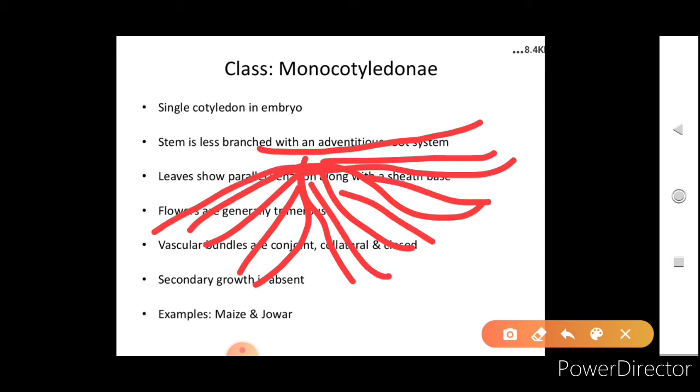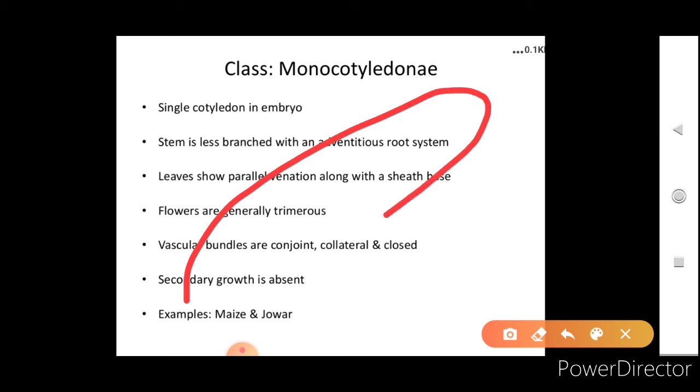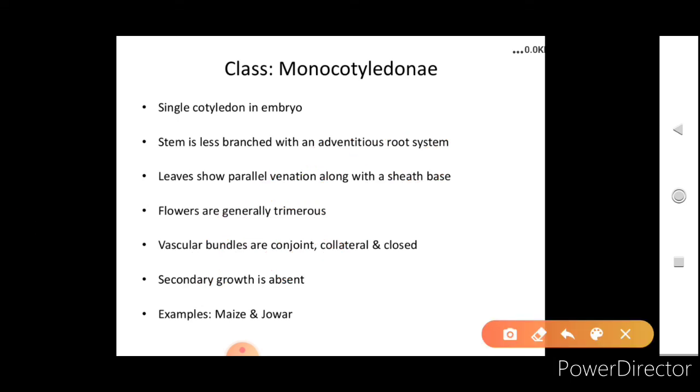Now when we talk about the venation part, in monocot we have parallel venation like you see in banana. The venation will be like this. The venation is the vein part which you see in the leaves, and in dicots we will have the reticulate venation.